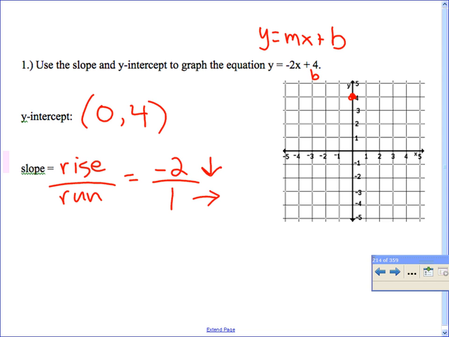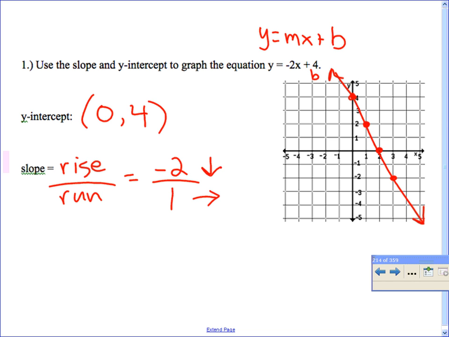Starting at the y-intercept, down 2 to the right 1, down 2 to the right 1. You always go to the right. The only thing that changes is if the rise is positive, you go up to the right. If the rise is negative, you go down to the right. When you connect them, it's a negative linear function, because your slope is negative.